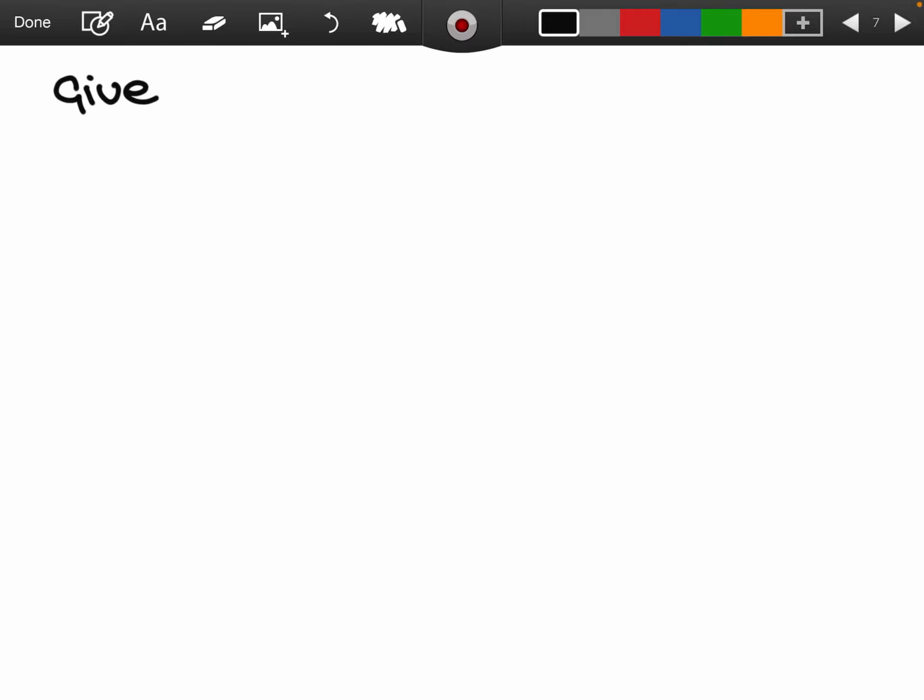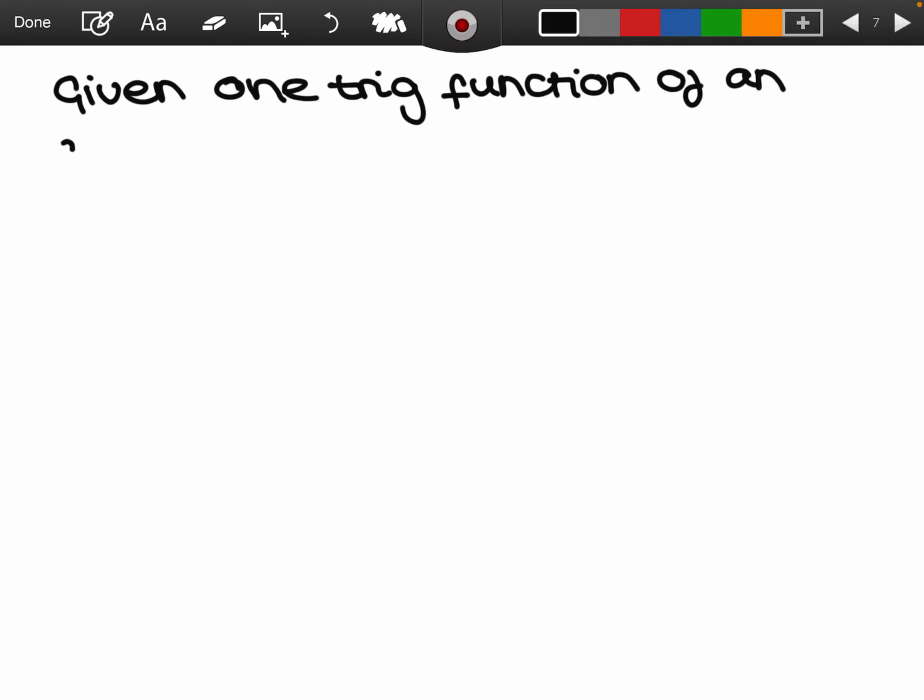So in these examples, we're going to be given one trig function of an acute angle. It's important that it's an acute angle. We will do examples in later videos where it's not an acute angle, but right now we're sticking to an acute angle. So it's an angle that's less than 90 degrees. The reason that we do that is it means that that angle sits in quadrant 1.